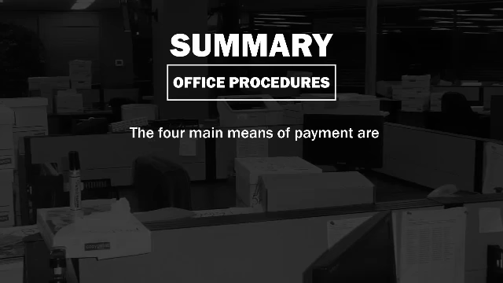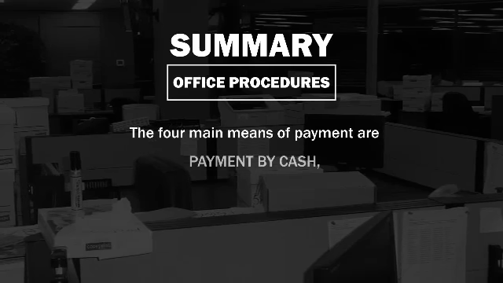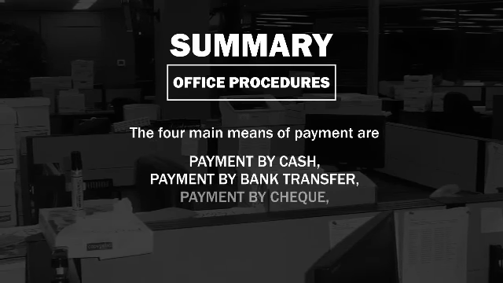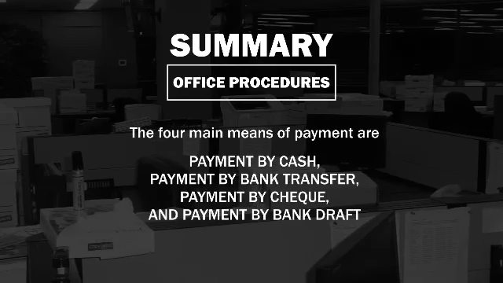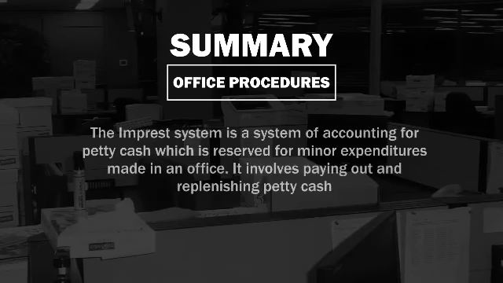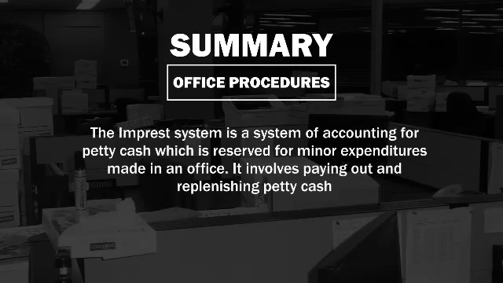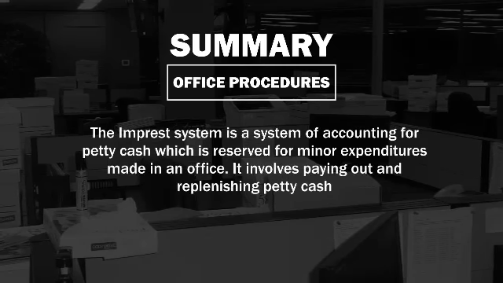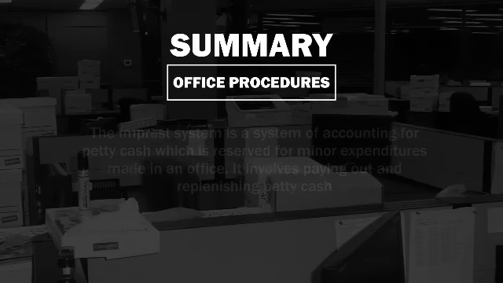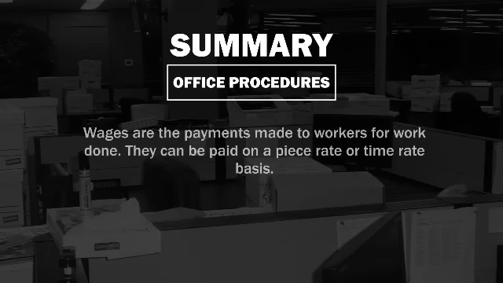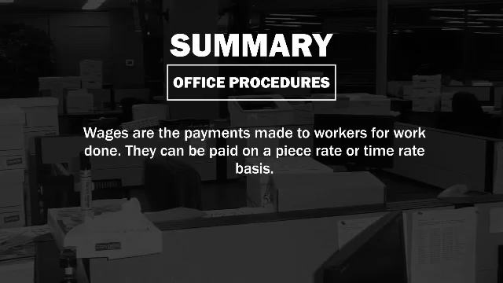The four main means of payment are payment by cash, payment by bank transfer, payment by check, and payment by bank draft. The imprest system is a system of accounting for petty cash, which is reserved for minor expenditures made in an office. It involves paying out and replenishing petty cash. Wages are the payments made to workers for work done.